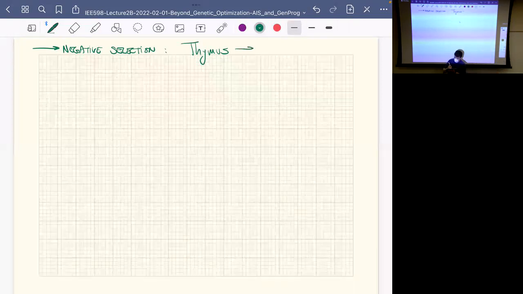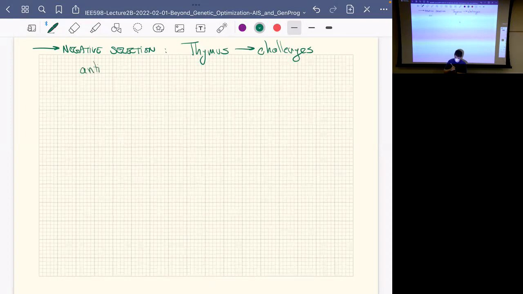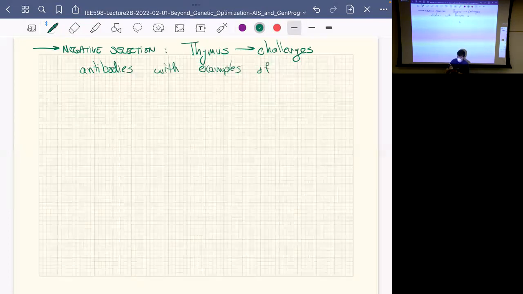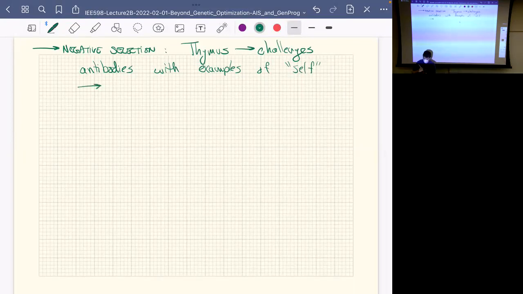So the thymus challenges the antibodies with examples of self, and then it removes antibodies that match these examples and flushes them out.